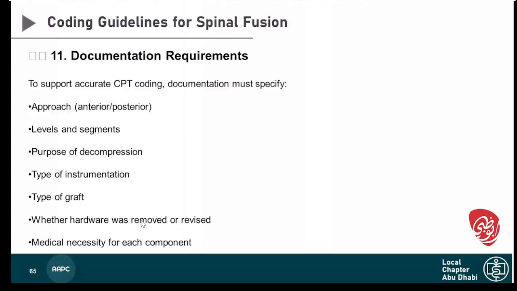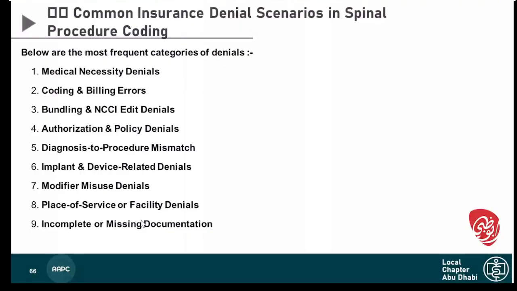Next, this is all about the procedures that are usually performed on the spinal column or spinal cord, and the CPT codes and the CPT guidelines that we have to follow. Usually diagnostic procedures, mainly lumbar puncture, myelography, then other procedures, decompression procedures, laminotomy, laminectomy, foraminotomy, usually for decompression of spinal nerve and spinal cord.